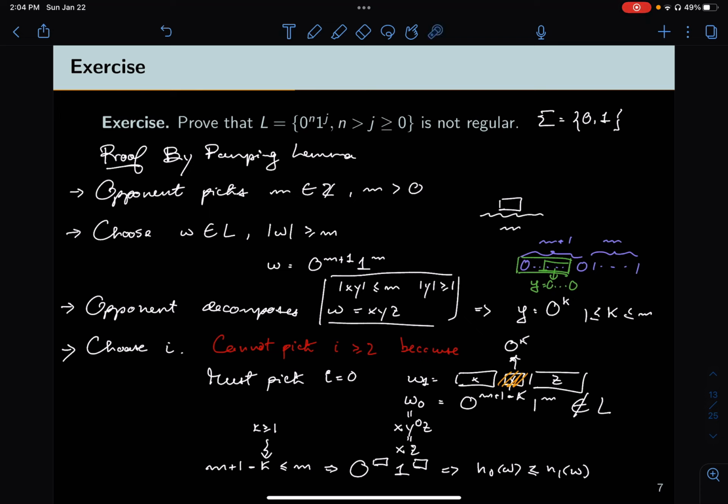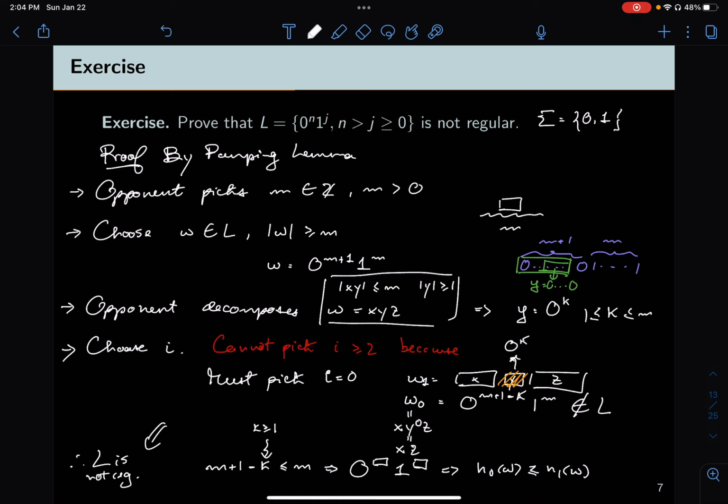That's clearly a contradiction, because L requires that the number of zeros must be strictly greater than the number of ones. And so indeed the pumped string w0 is not in L, and so we have therefore proved that L is not regular.